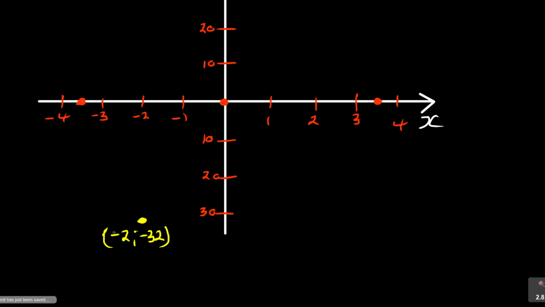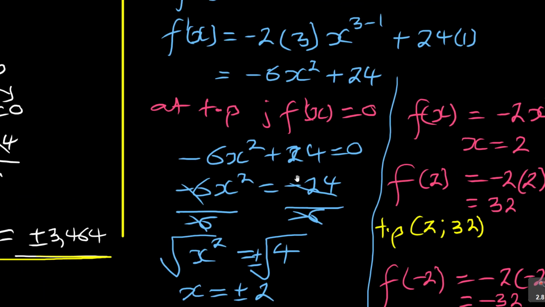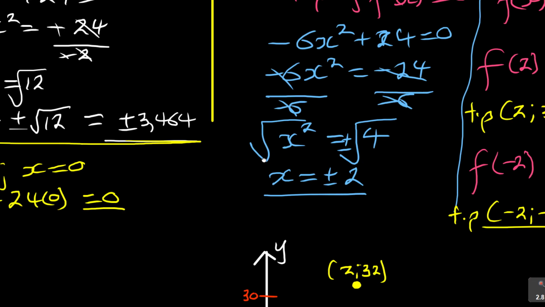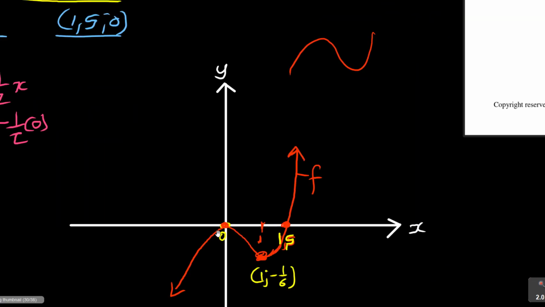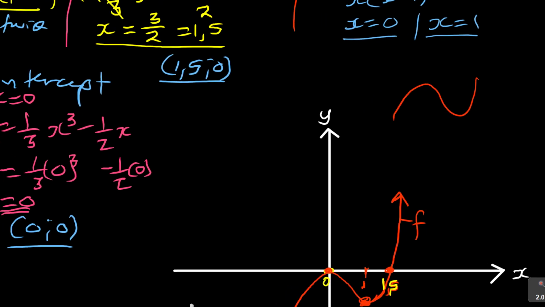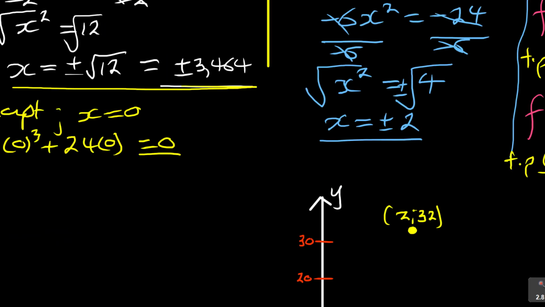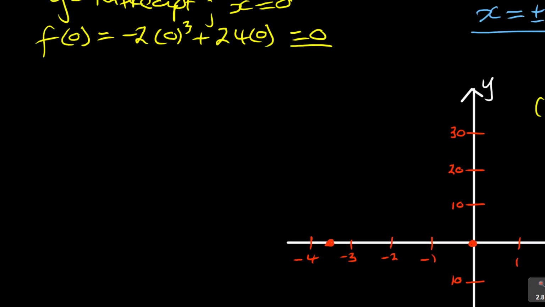I've already written that. So now you ask yourself, remember we said this graph is what? This graph is negative, and we come back to the shape of a negative graph. We said a negative graph kind of looks like the one that we're having here. So if I can use that shape here to say a negative graph is more like having a shape like this.